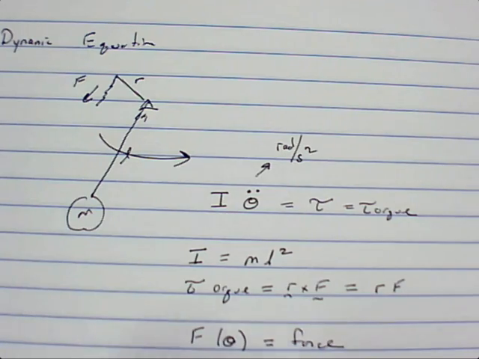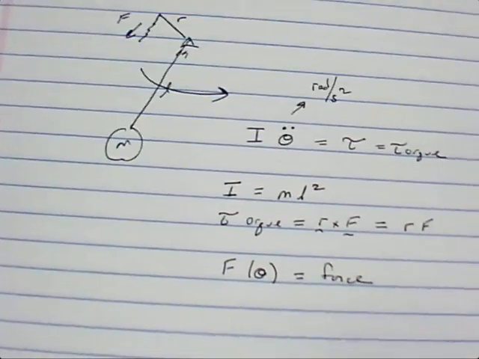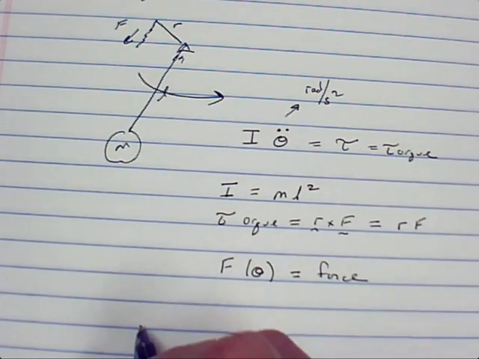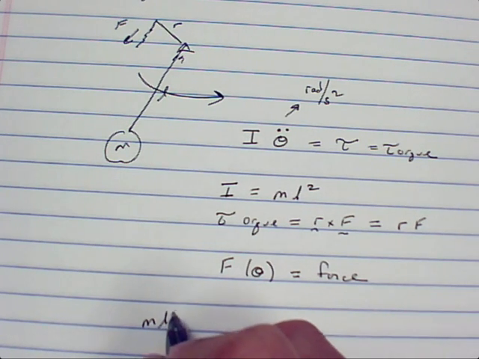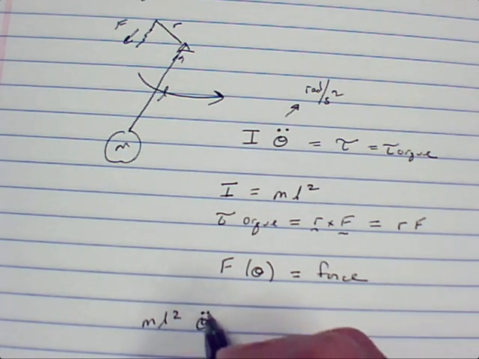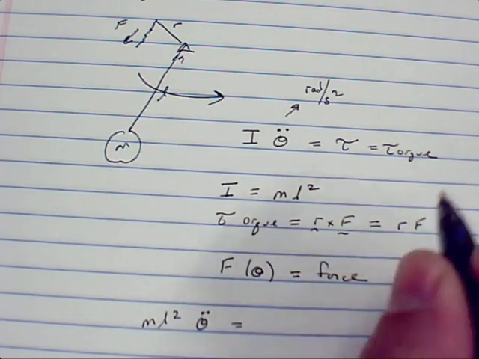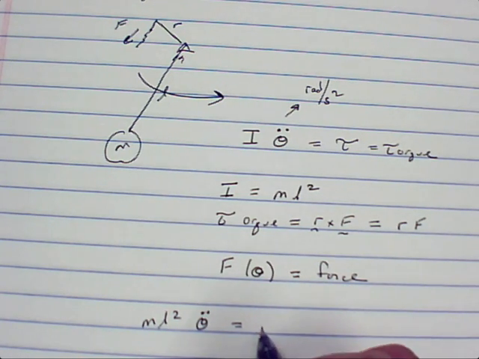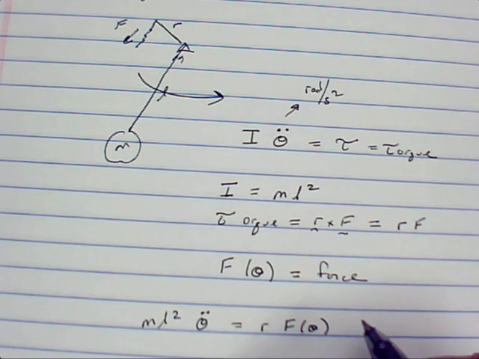So now when I write out my dynamics equation, I have the inertia times theta double dot equals the torque, which is R times the force, which is a function of theta. And we know what the force is as a function of theta. We just calculated that in the last video.